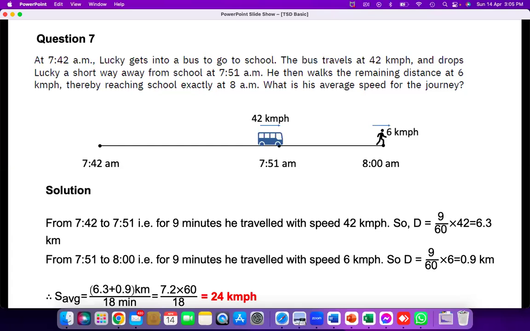Convert that into hours, so it becomes 18 by 60. So 60 goes on the denominator. And therefore you get 7.2 into 60 divided by 18, which is equal to 24. You got it? Any confusion, guys? No, sir.